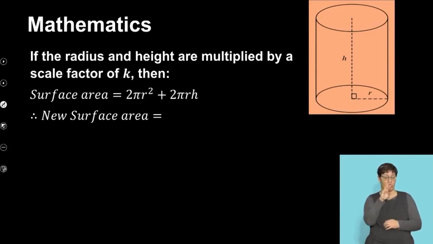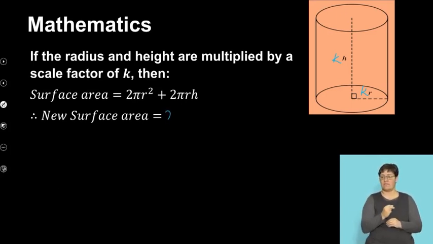So if the radius and the height are multiplied by a scale factor of k, then my new radius will be kr because it's k times r, and my new height will be kh. So I'm now going to substitute kr in place for my radius and kh in place for my height.